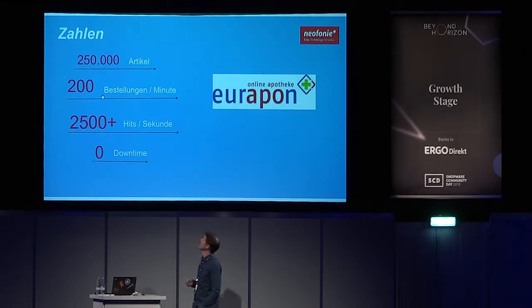A few facts and figures. We have about 250,000 products. So at peak times, we have to process about 200 orders. So we get about 2,500 hits per second. Any technical experts here? Do you know these dimensions? Do they tell you anything? So this is not exactly huge.